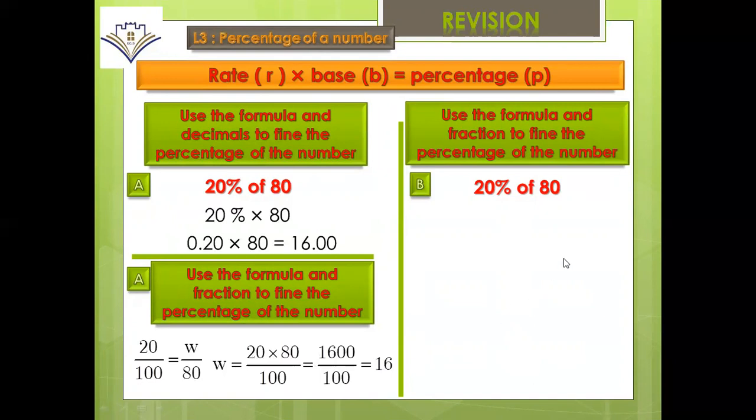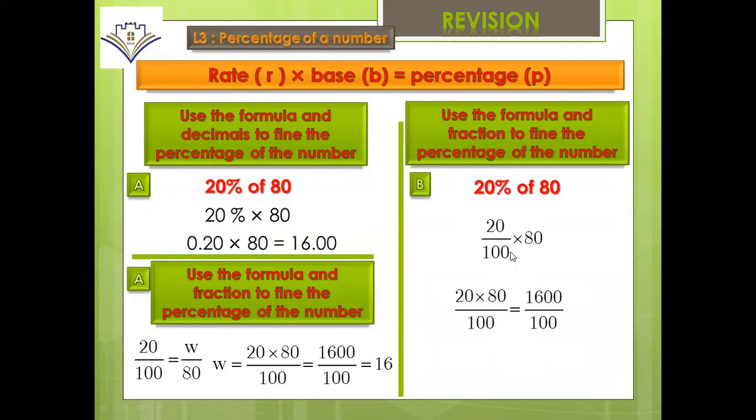The same, but use the formula and fractions to find the percentage of the number. 20% means 20 divided by 100, multiplied by 80. Then 20 multiplied by 80 divided by 100.